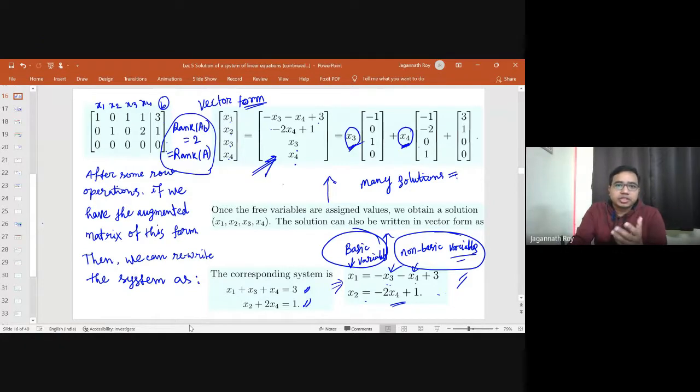That is why the concept of basic variables and free variables is introduced. You have to identify which are the basic variables and which are the free variables. Basic variables are those related to the pivot elements, the pivot columns. This is column number 1, column number 2. So x1 and x2 are basic variables here, and the other two variables are free variables.